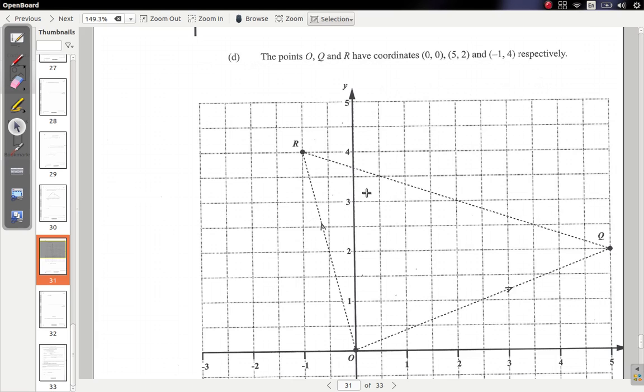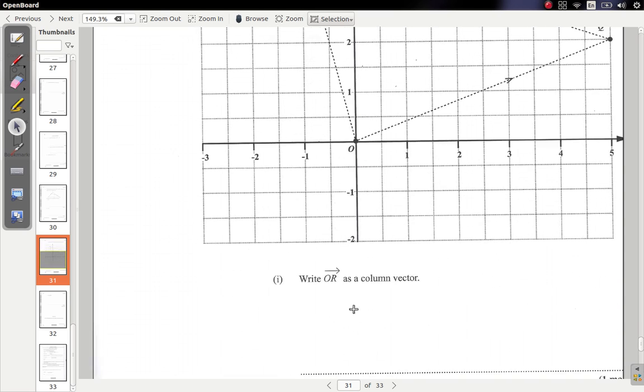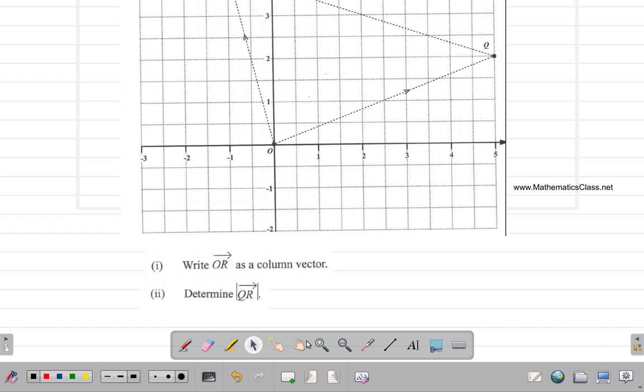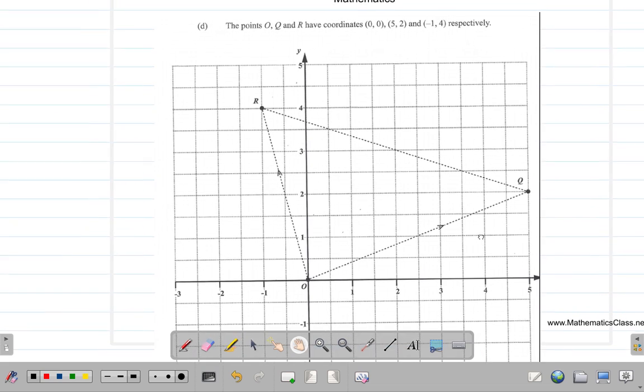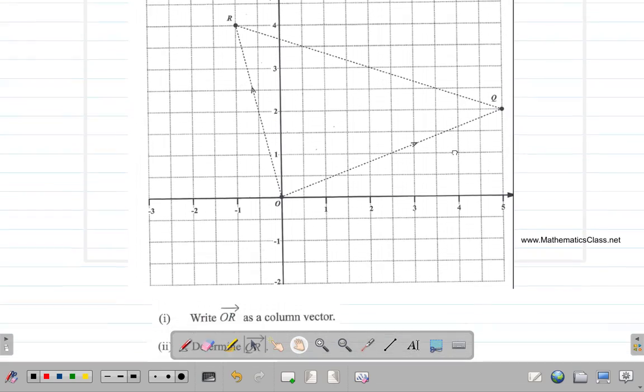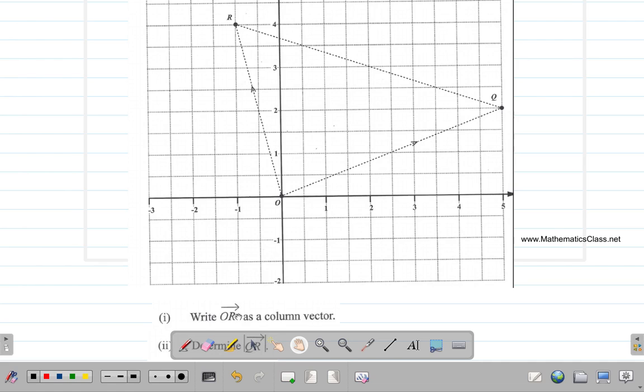Now, what is your mission? Write OR as a column vector. I already copied this question over to the other screen. It's right here. This is what you must do. You must write OR as a column vector.